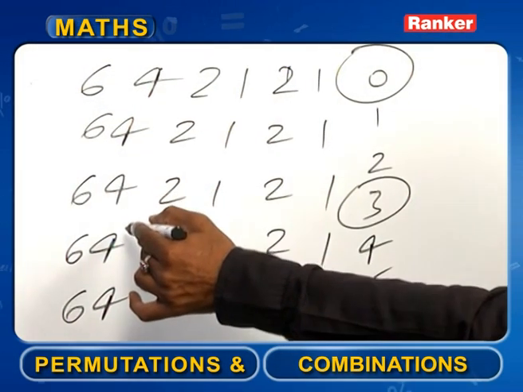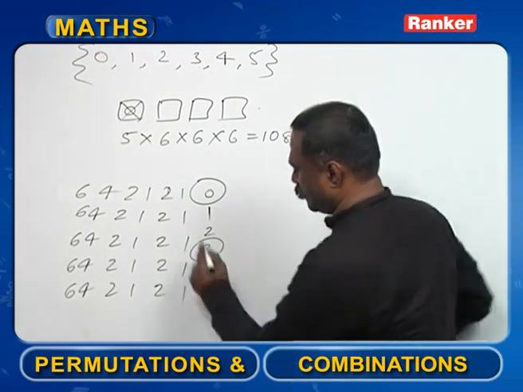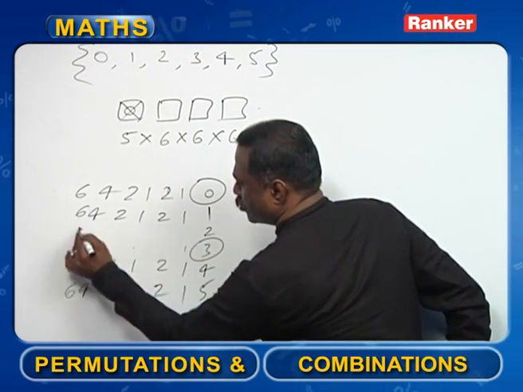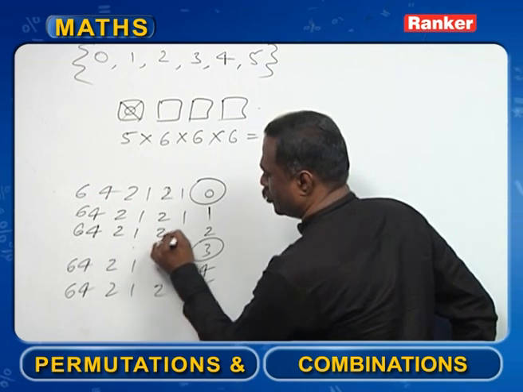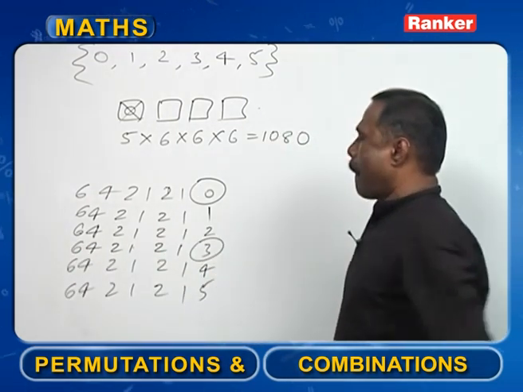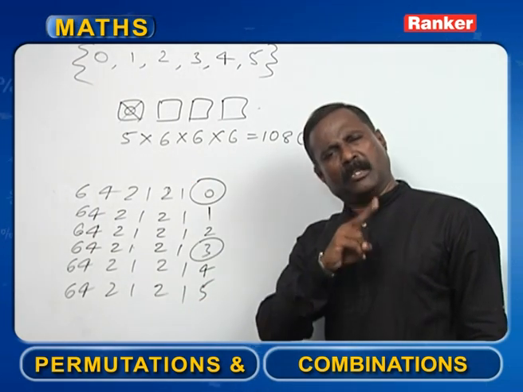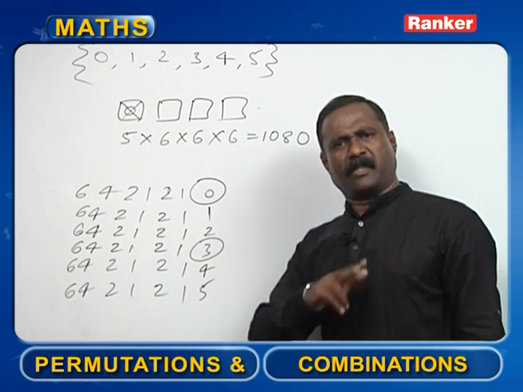Here 0 and 1 are missing. Among these also, you will get exactly only 2 numbers that are divisible by 3.